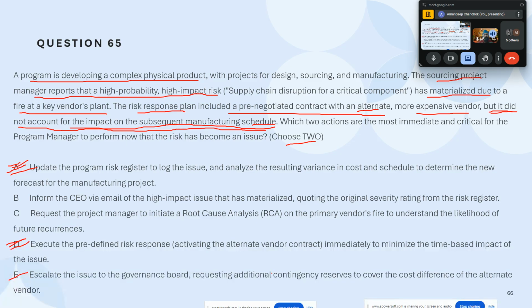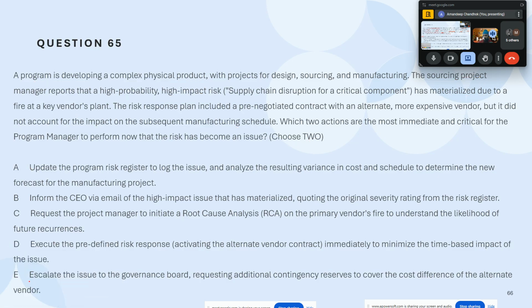I do understand that. But in this case, what has happened is, let me bring this up. I'm just going to erase all the links. So the answers that I think we had chosen were A, D, and E, right? Okay, so see what has happened over here. Fire at key vendor's plant. His plant has gone under fire.